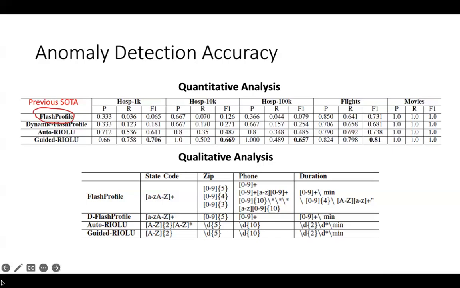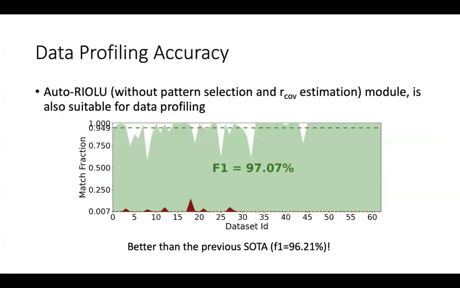But Flash Profile, because of its learning schema, accepts all letters regardless of upper or lower case, which is very inaccurate and accepts a lot of false positives. When we use the dynamic threshold, it eliminates a lot of those false positives. And when we turn to both versions of Riolu, they provide more accurate results.